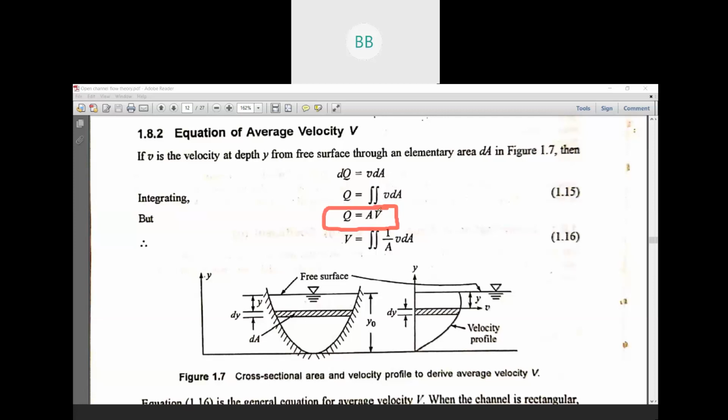These two discharges are the same, so we equate both equations. So V equals 1 by A times the summation of v dA. This is the equation for average velocity. First we find the average velocity, then we substitute it in the alpha equation to find alpha.